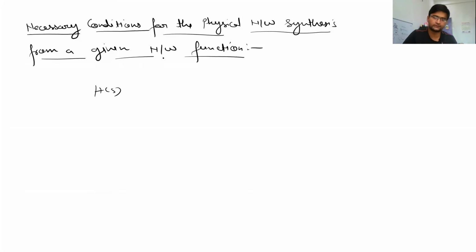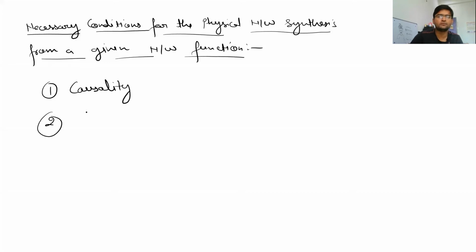So there are certain conditions after which you will be able to synthesize your network from a given network function H(s), right? To check whether a network function H(s) can be realized as a physical network or not, we basically check 2 things. The first thing is called causality, and the second thing is called stability.